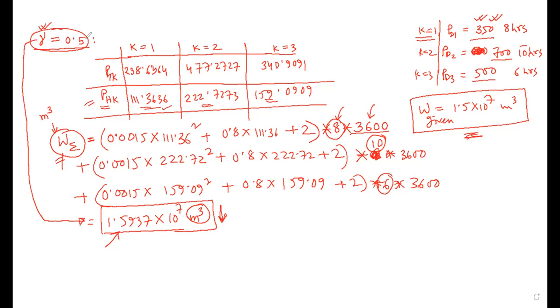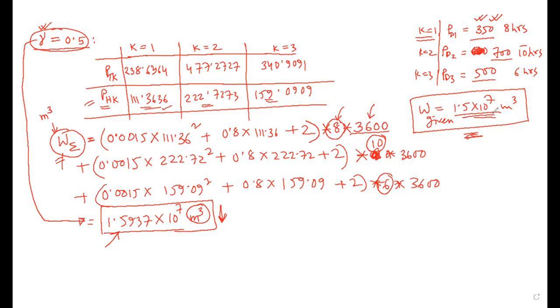Here we will take a comparatively large value of gamma such that the W calculated for the new gamma becomes lower than this.